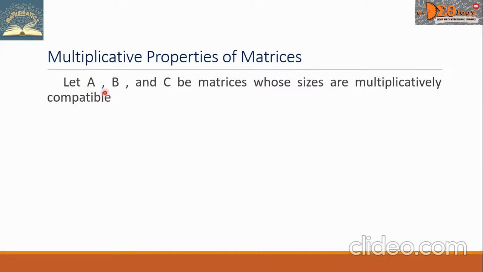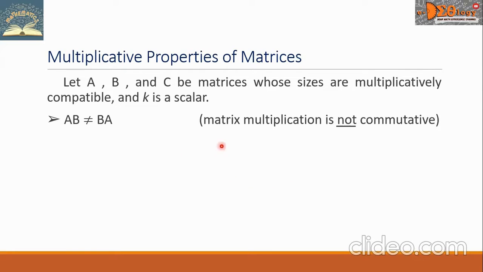Let capital A, capital B, and capital C be matrices whose sizes are multiplicatively compatible, and k is a scalar. First property, the product AB is not equal to the product BA.